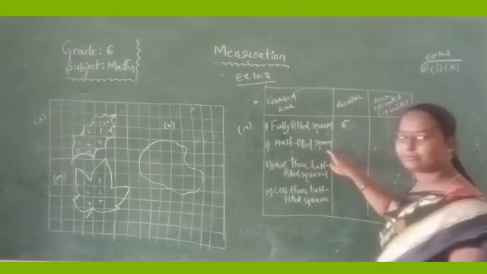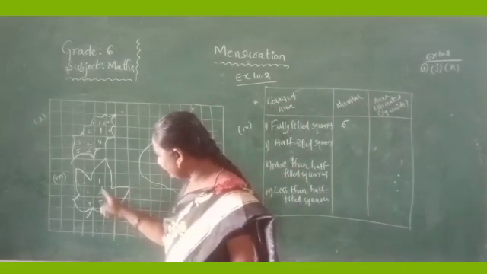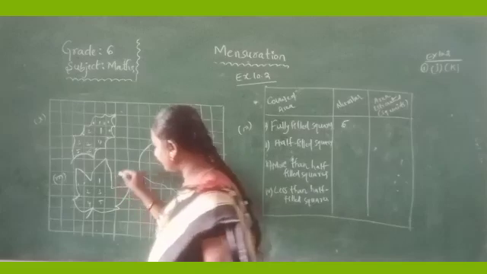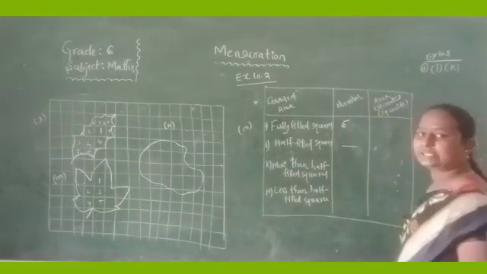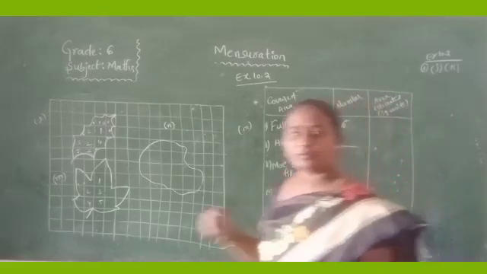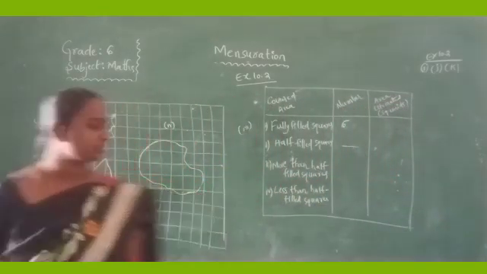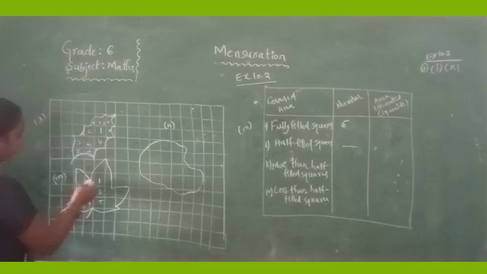Is there any half filled squares? Half, is there any? No. So there are no half filled squares. Now keep it blank. Now more than half filled squares. So how many will come? See, count more than half. This is more than half, 1.